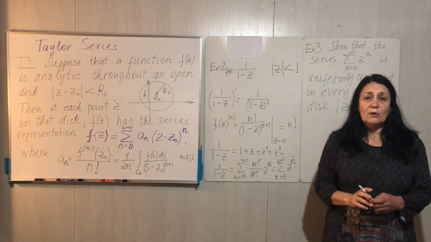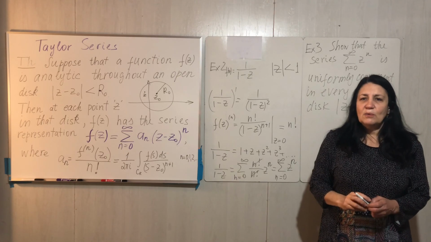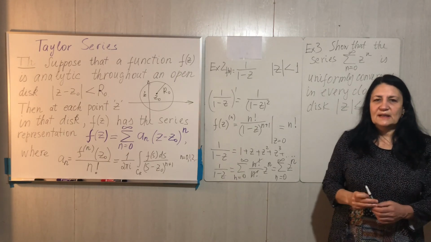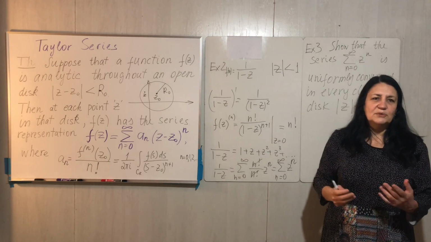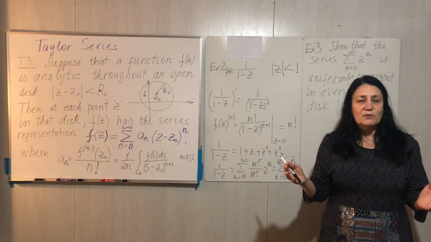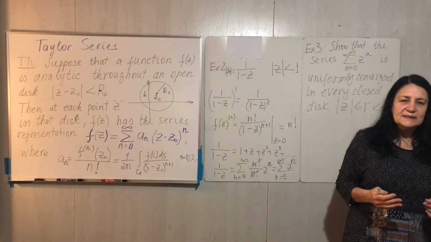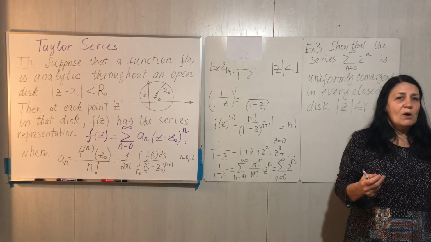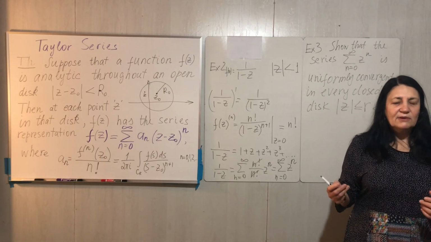So how are we going to show this? We take epsilon, right? As we said, when we try to prove uniform convergence, we have to deal with the sequence of partial sums. We were also talking about remainders, right?